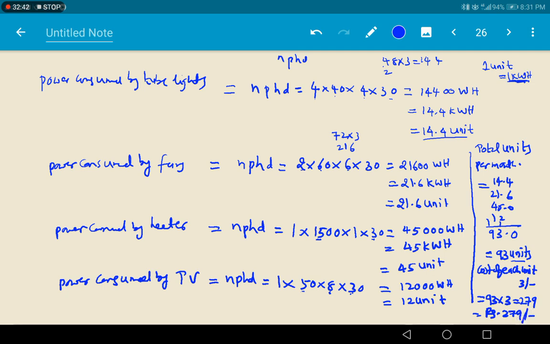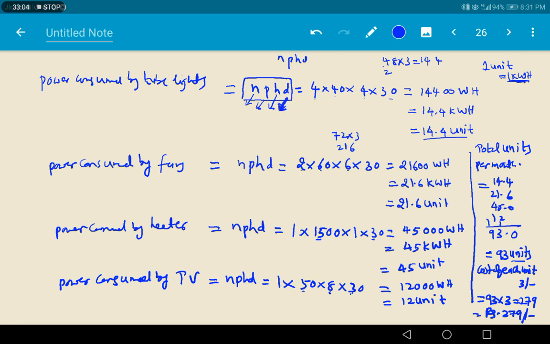The formula you should remember is NPHD. N stands for number of appliances, P stands for wattage of the device, H stands for how many hours it is used, and D stands for how many days you are calculating. If they asked in the month of February, how many days will be there? 28 days only.